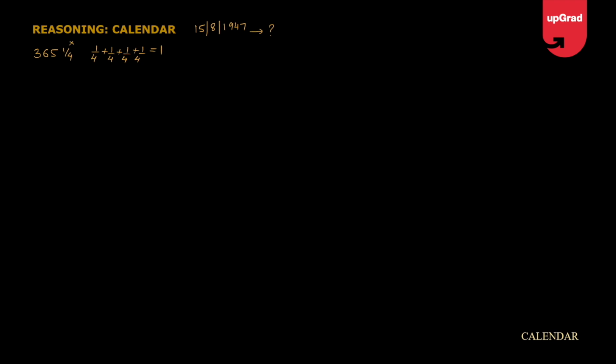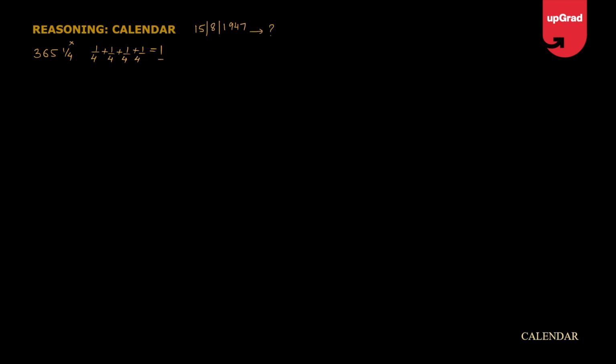Which means the actual time taken by Earth to go around the sun was 365 days and 1/4 of a day. But for our convenience, we ignored that 1 by 4 every year for 4 years until 1 by 4, 1 by 4, 1 by 4, and 1 by 4 becomes 1.